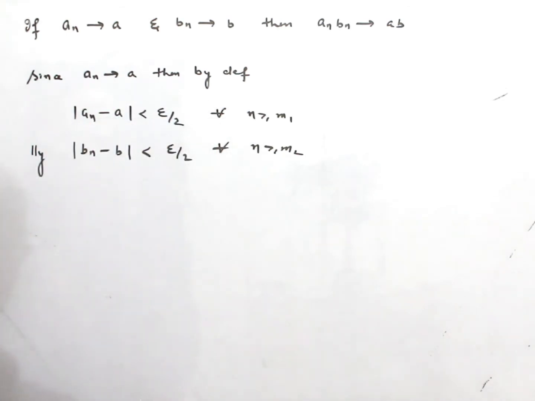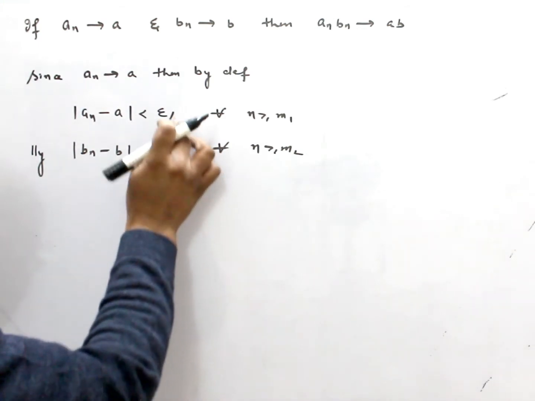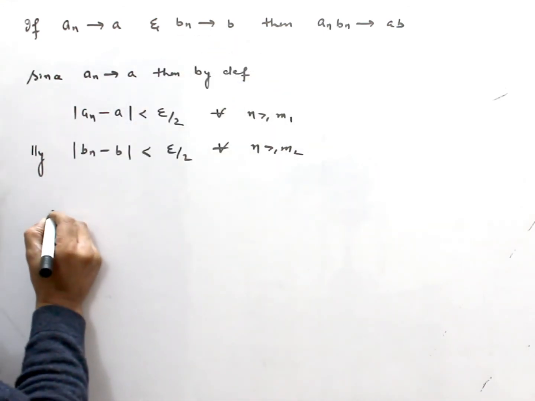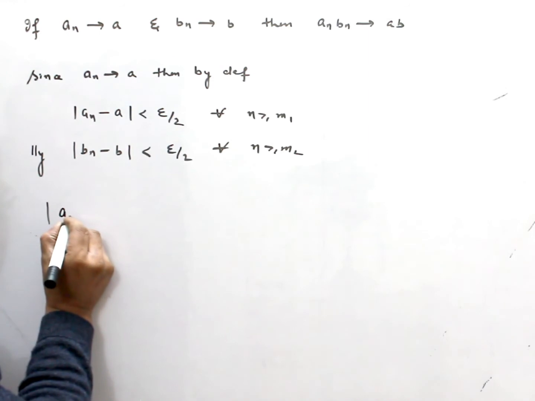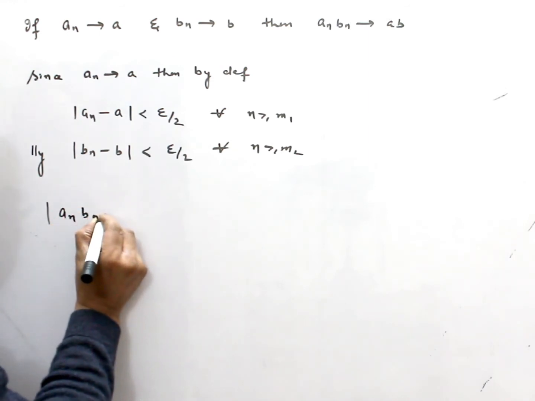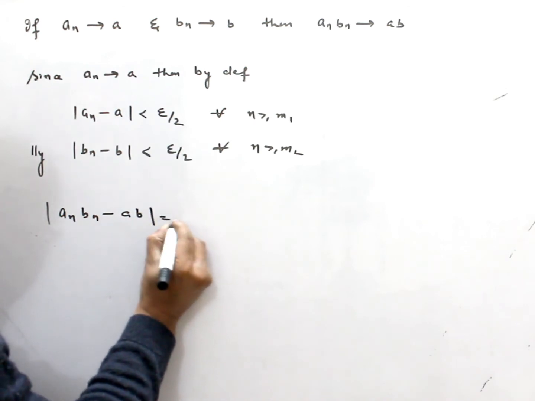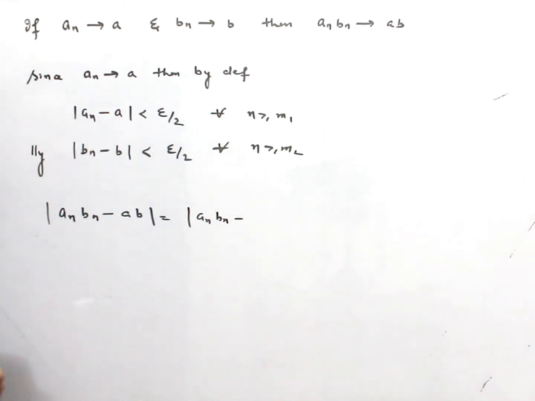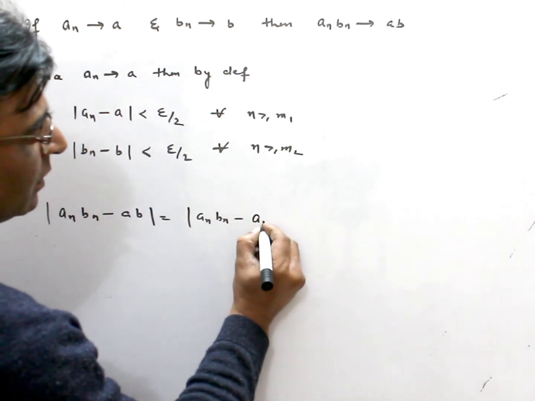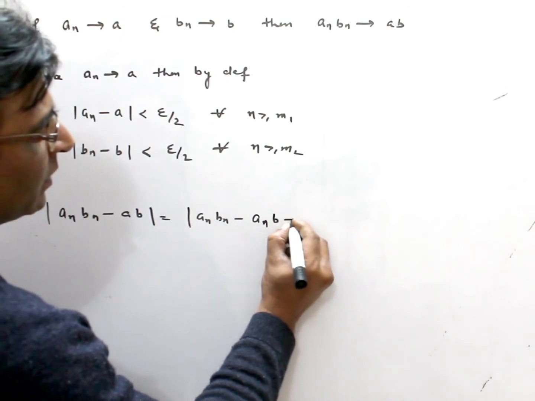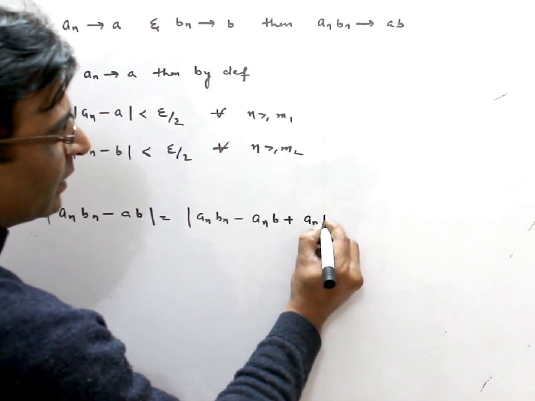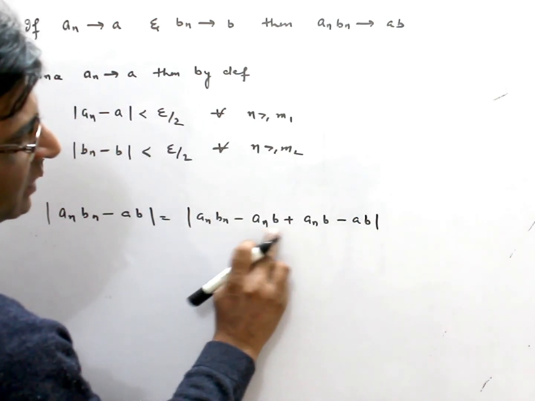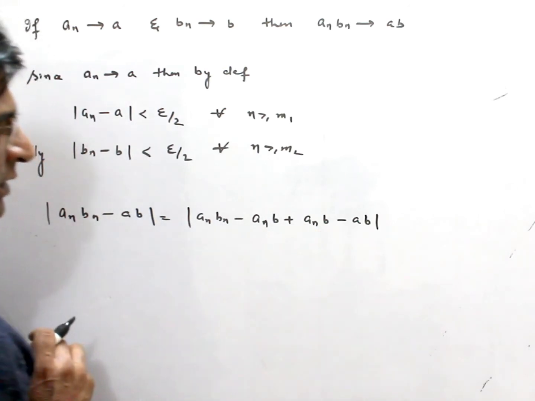I will use it as per our requirement, because we have to prove here a_n b_n minus ab. I can write a_n b_n minus a_n b plus a_n b minus ab, because this is minus and this is plus, so they will cancel each other.